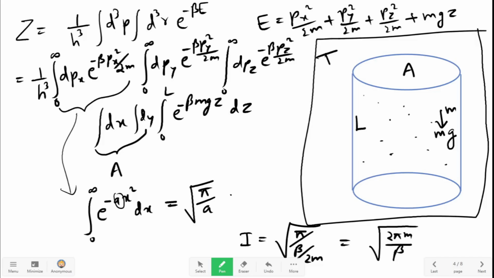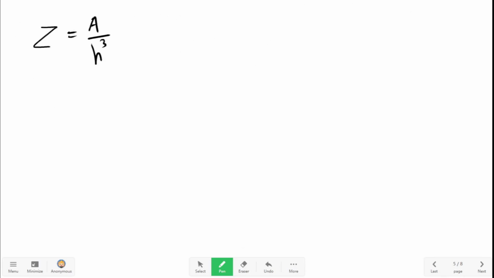The integrals in y and z are similar, so they also produce root of 2 pi m divided by beta. Therefore we can cube this, so we have 2 pi m divided by beta, the whole raised to 3 by 2.